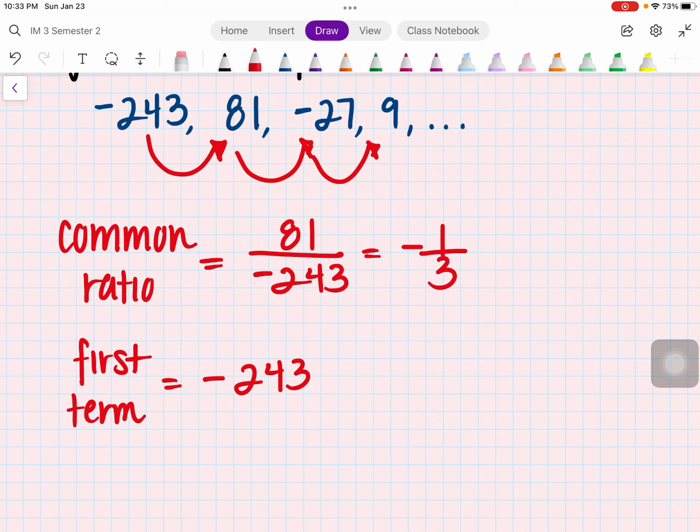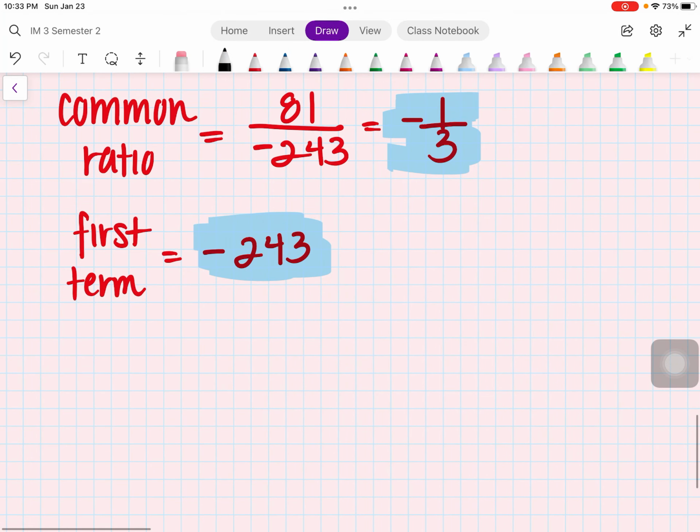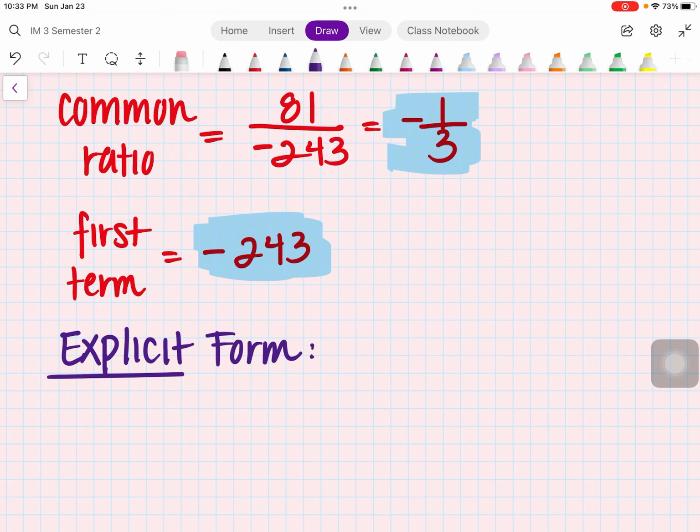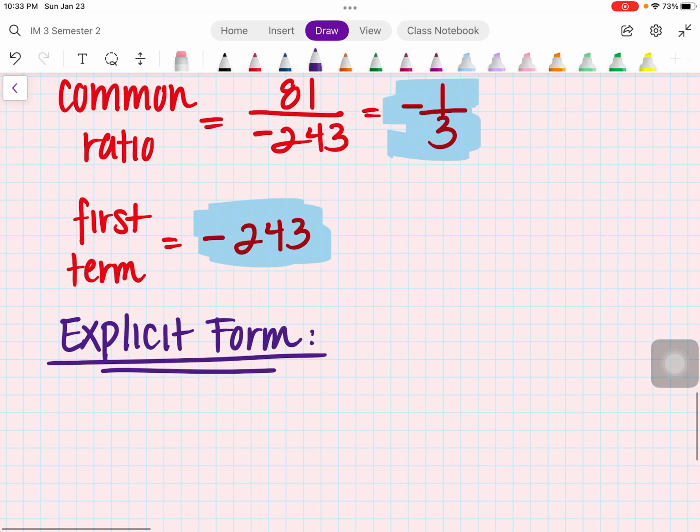So with this information, let's go ahead and write our explicit form. So explicit form, it's going to be, in this case, let's go ahead and do A of n equal to our first term, negative 243, times our common ratio.